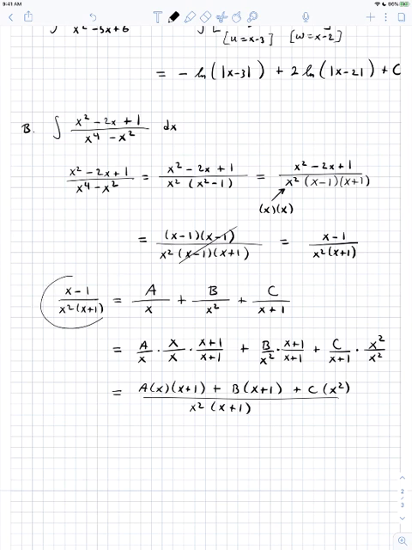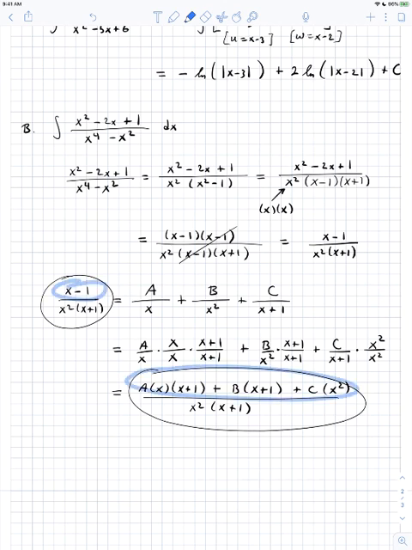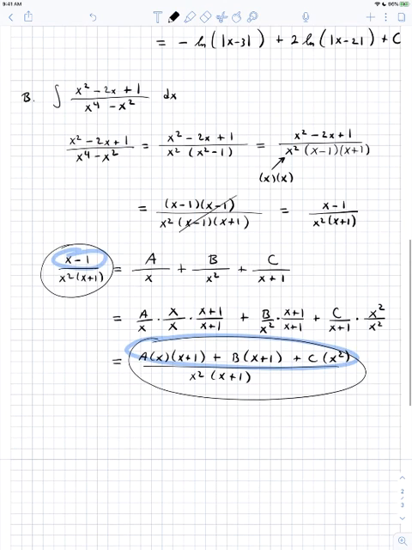Now again, you have two rational functions, two fractions which are equal, and they have the same denominators. So that means their numerators have to be the same. So x minus 1 is equal to all of that. So that tells us we have x minus 1 equal to ax times x plus 1 plus b times x plus 1 plus cx squared. So we need to find a, b, and c.